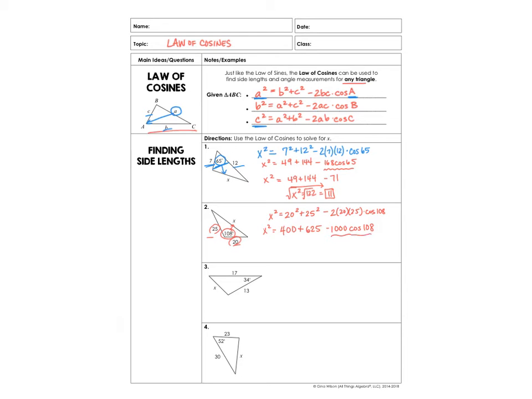Okay, we need to multiply this. That gives us negative 309, so it's going to be plus 309. So 400 plus 625 plus 309. We're just going to go left to right. You get 1,334. And that equals x squared, so we take the square root and get x equals 36.5.